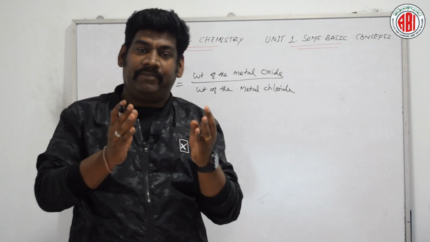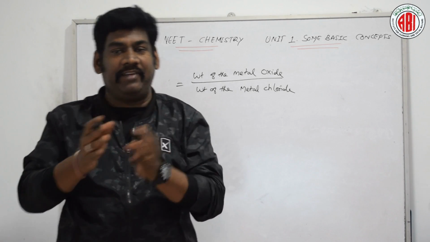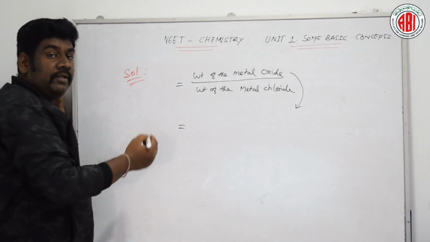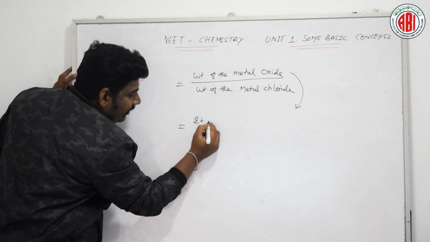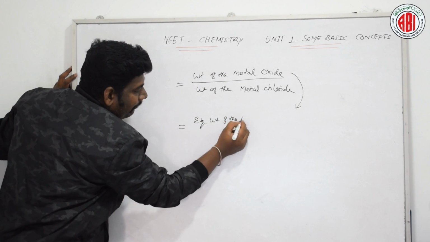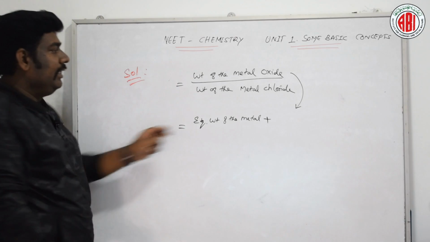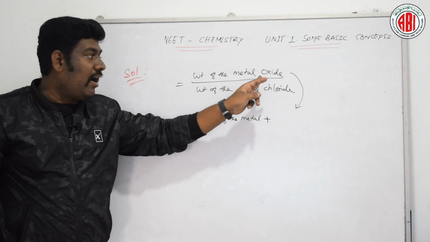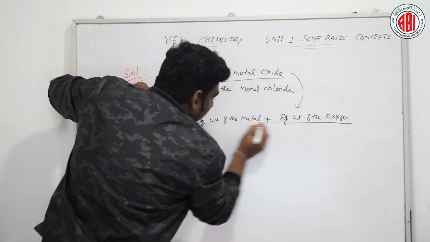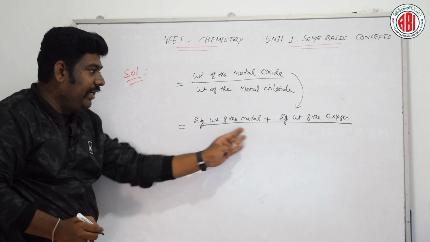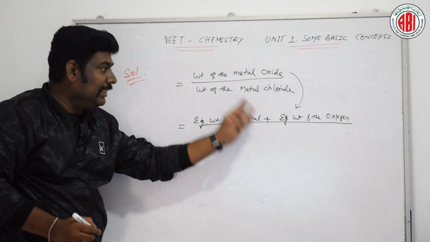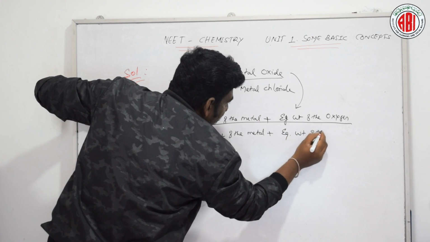Similarly, the equivalent weight of the chloride is the equivalent weight of the metal added to the equivalent weight of the chlorine. Now we write equivalent weight of the metal plus equivalent weight of oxygen, by, similarly, equivalent weight of the metal plus equivalent weight of chlorine.